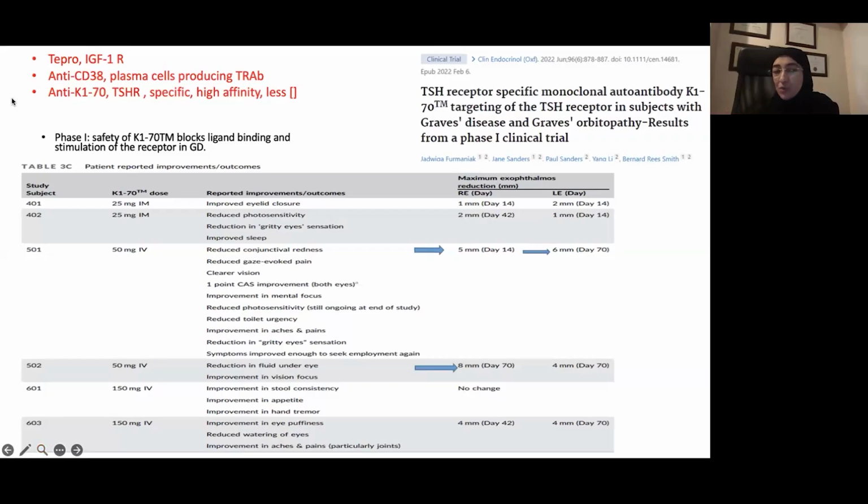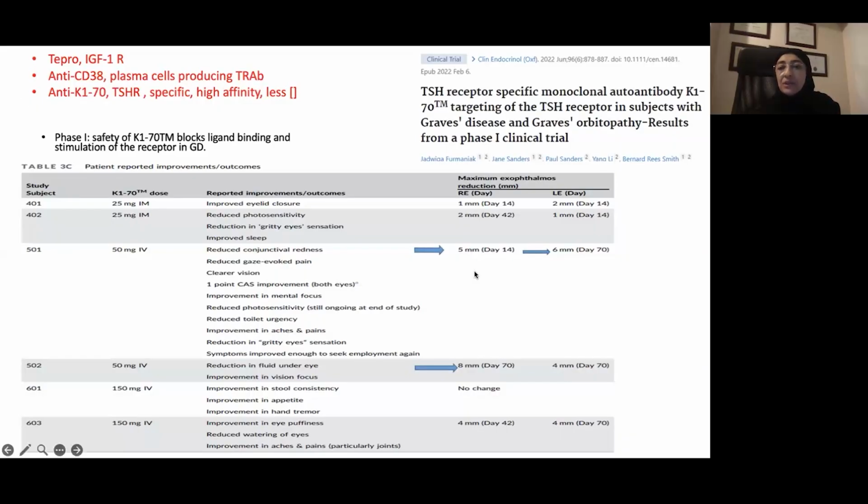We do have teprotumumab, which targets the IGF-1 receptor. And I have talked about the anti-CD38 plasma cell depleting monoclonal. And now this one is an anti-K170, highly binding to the TSH receptor with high affinity.